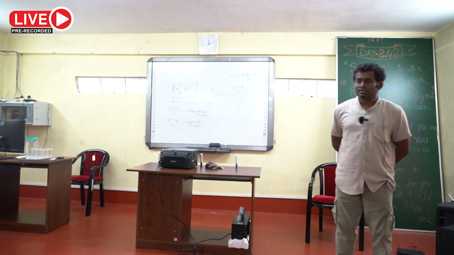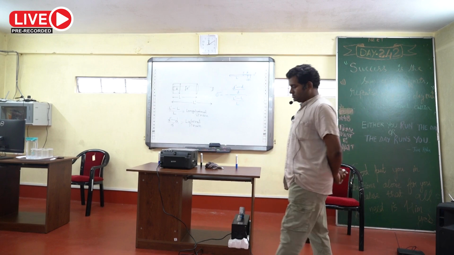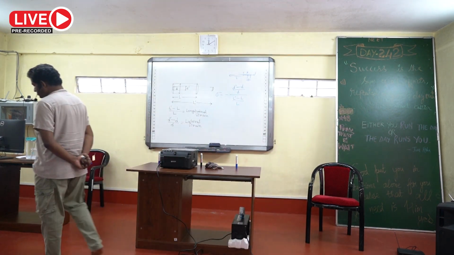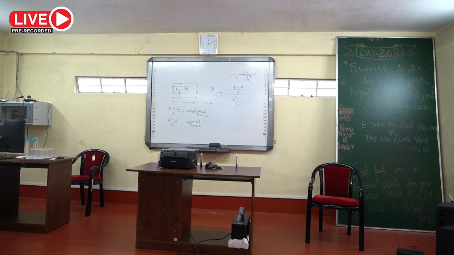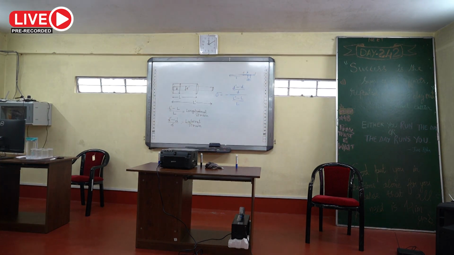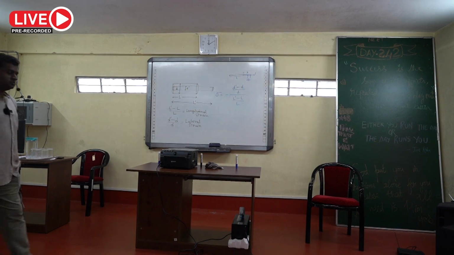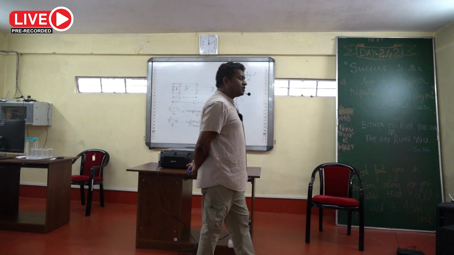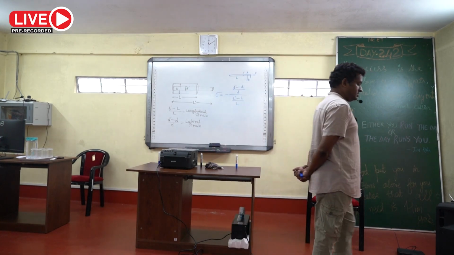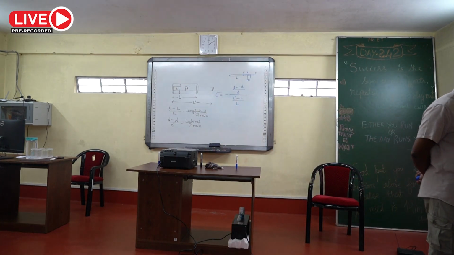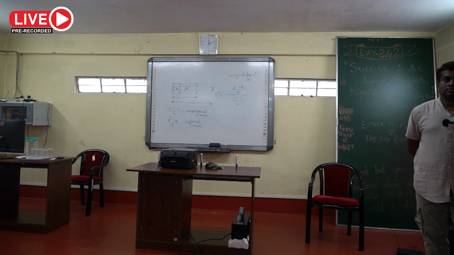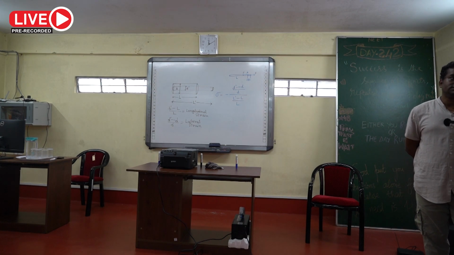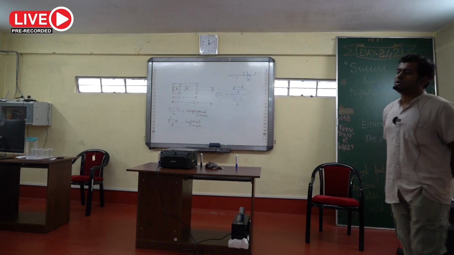Write down one question. What is the Poisson's ratio for a cylinder of constant volume?